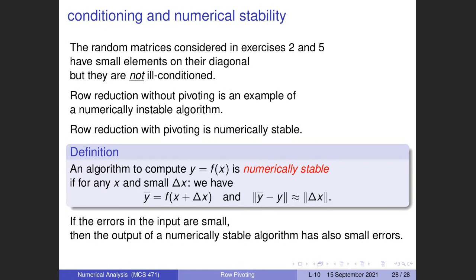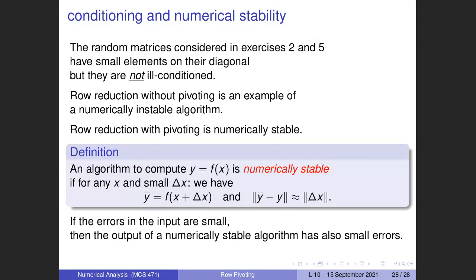In lecture 9, we could fabricate matrices, and the backslash operator was giving us very inaccurate results. Here we also fabricate matrices, but the matrices are well conditioned, yet they were fabricated in such a way that if you did not pivot, you obtained very inaccurate results.